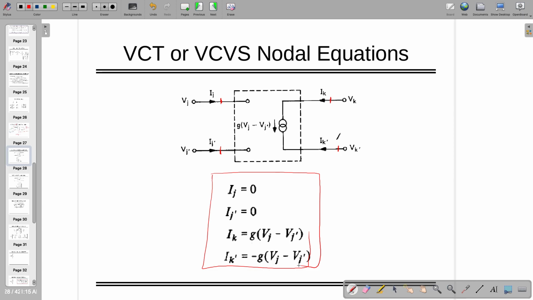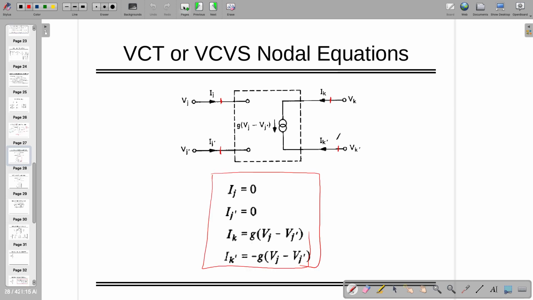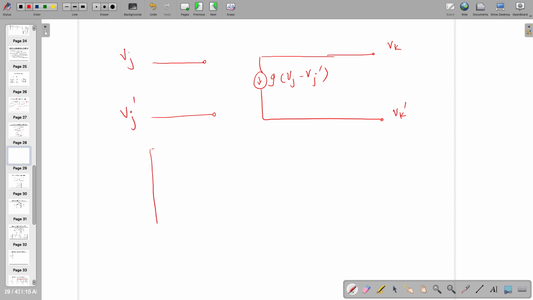But rather than doing this, we can also apply the admittance matrix if you want. Can we write down a 4 by 4 matrix with Vj, Vj prime, Vk, Vk prime along the rows and Vj, Vj prime, Vk, Vk prime along the columns?